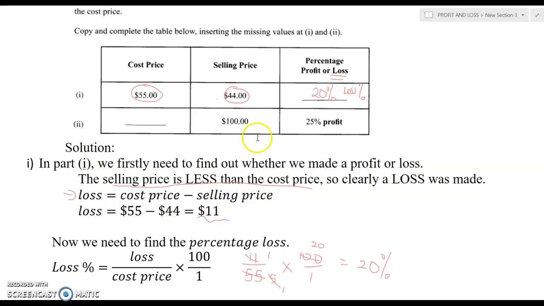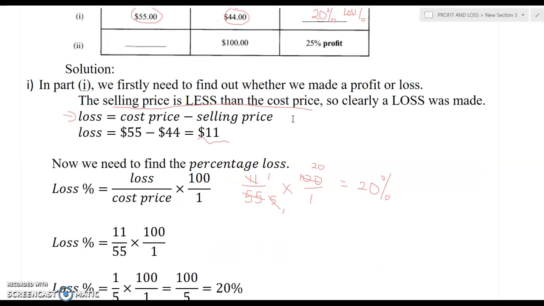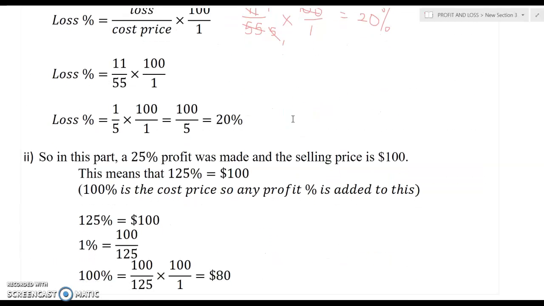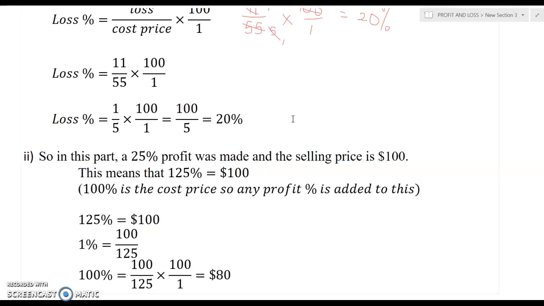Cool. The next one now, part 2, we're given the selling price and we're given that it's a 25% profit. So in this part, a 25% profit was made, and the selling price is $100.